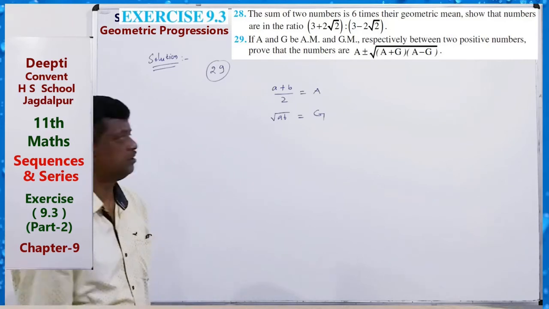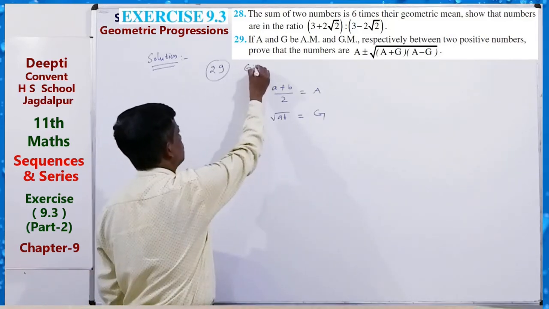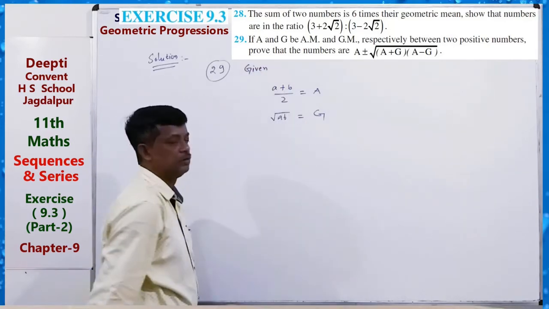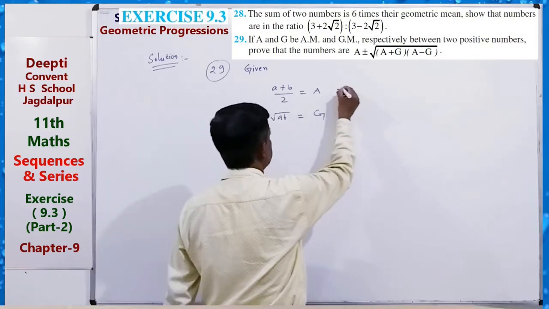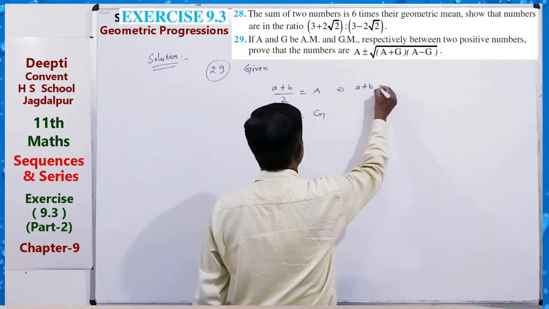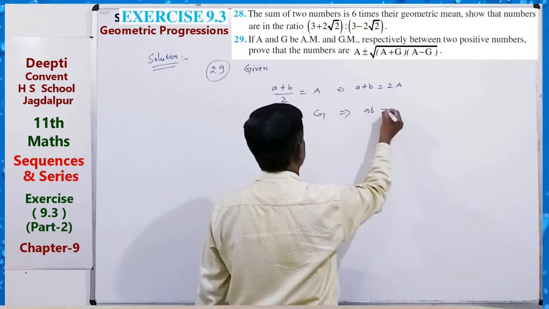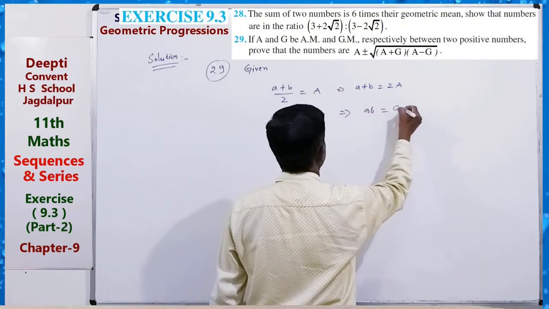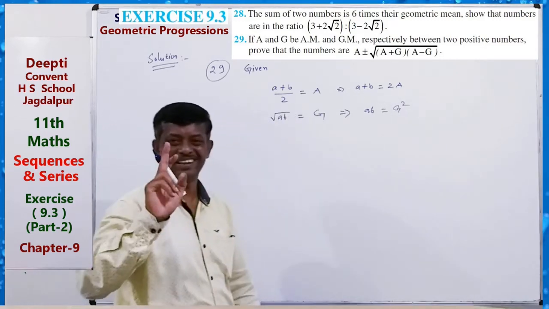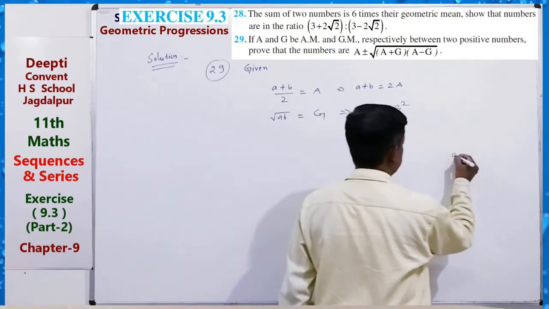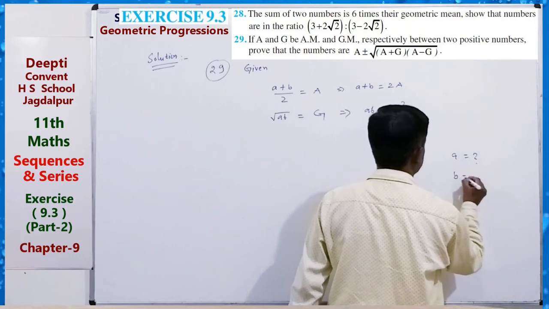These are given. Two numbers. From here we can write a plus b equals 2A, and from here ab equals G square. Our target is finding the values a and b.